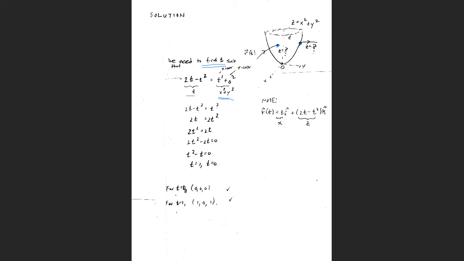Well, now for the space curve, the z component is 2t minus t squared, right? That's the z component. And the x and y components are t and 0. So this must be true. Well, based on that, we can then say 2t minus t squared equals t squared, and I can solve for t.